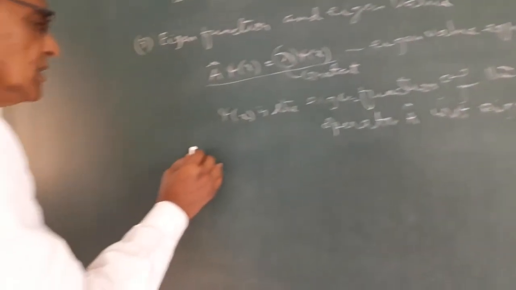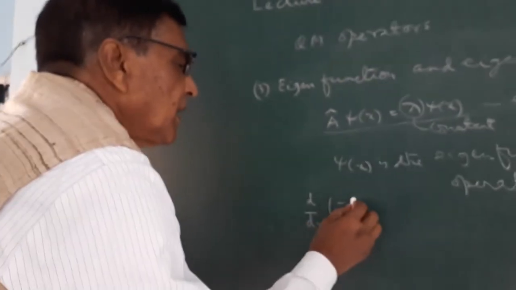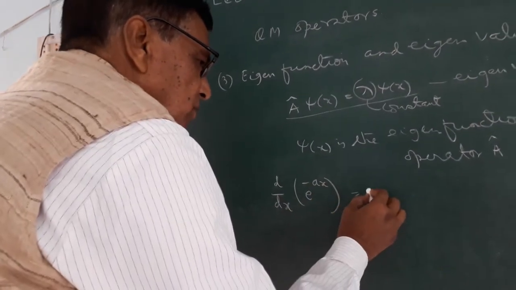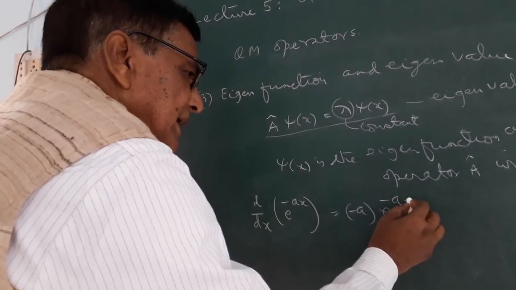For example, say d by dx acting on e to the power minus ax, where a is a constant. Then it will give you minus a into e to the power minus ax.